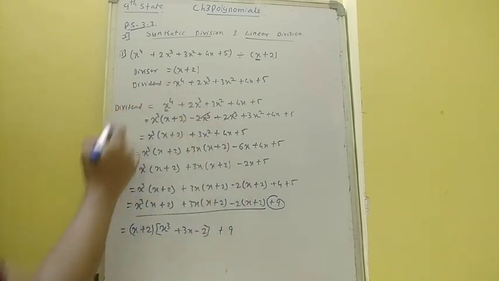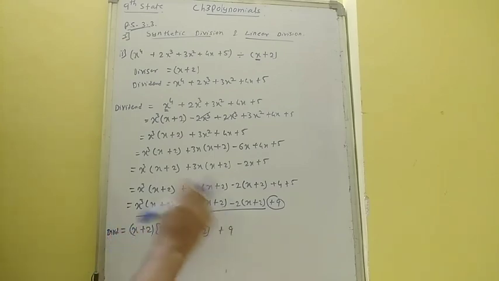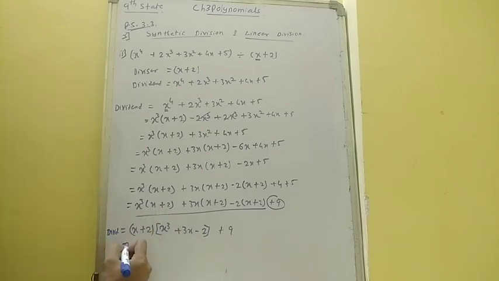Okay, so dividend is equal to divisor multiplied by quotient plus remainder. Okay, so you can say that the quotient is x cube plus 3x minus 2 and the remainder is 9.